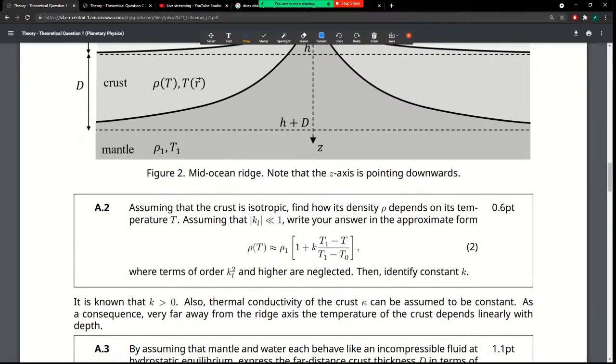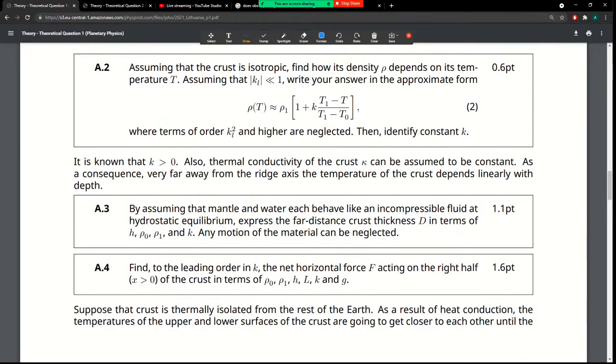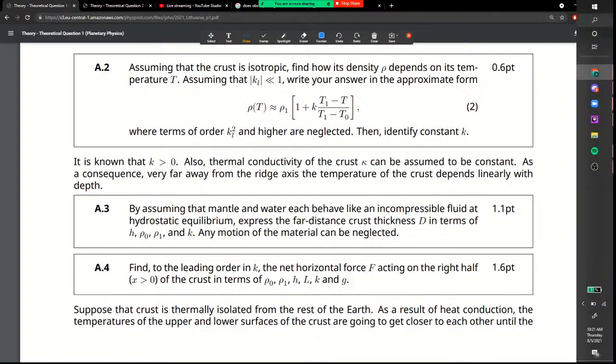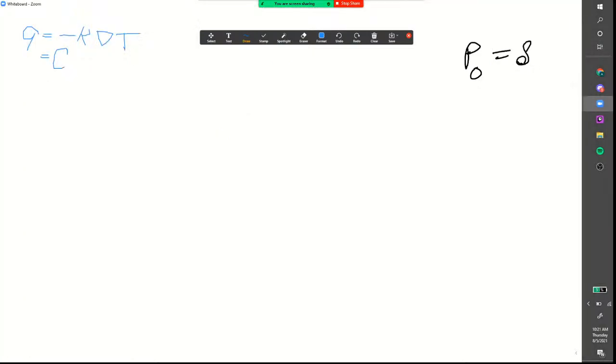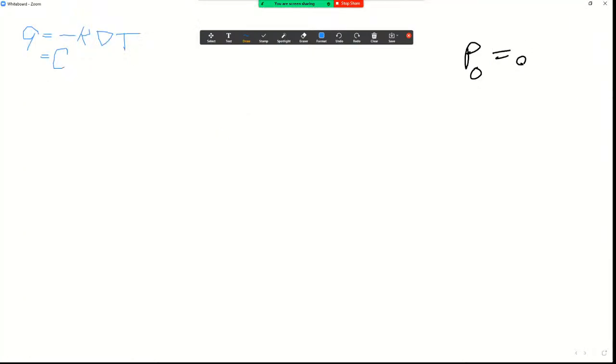Okay, there is no crust for origin, so we can directly find the pressure of mantle at H plus D by directly using rho G (H plus D). So, P at 0 is equal to rho G (H plus T).